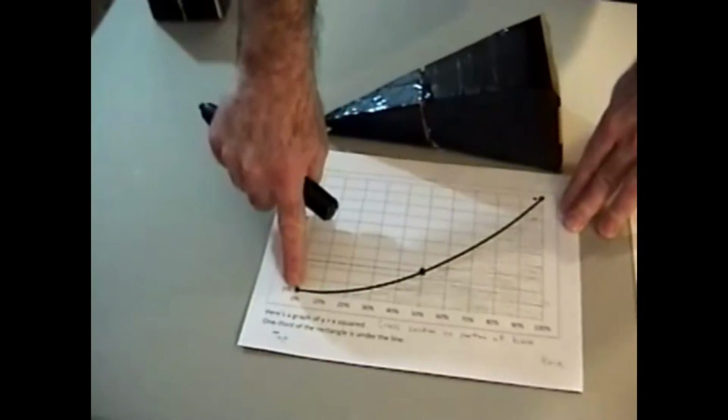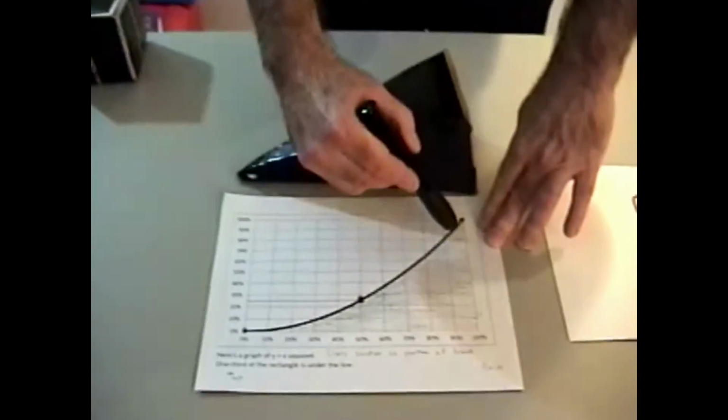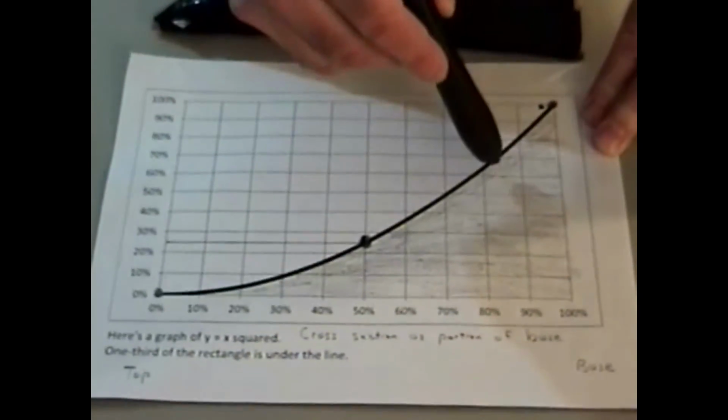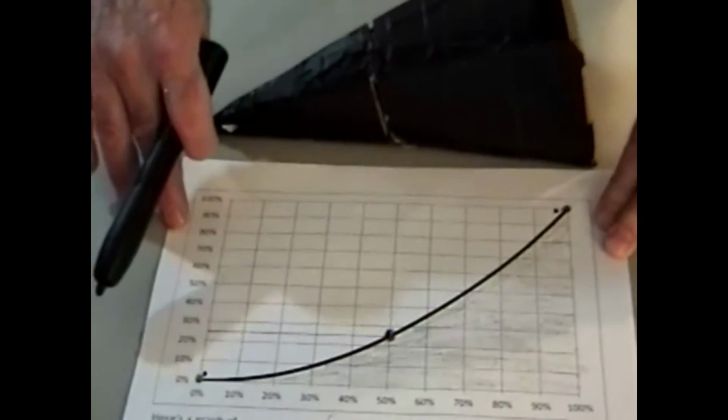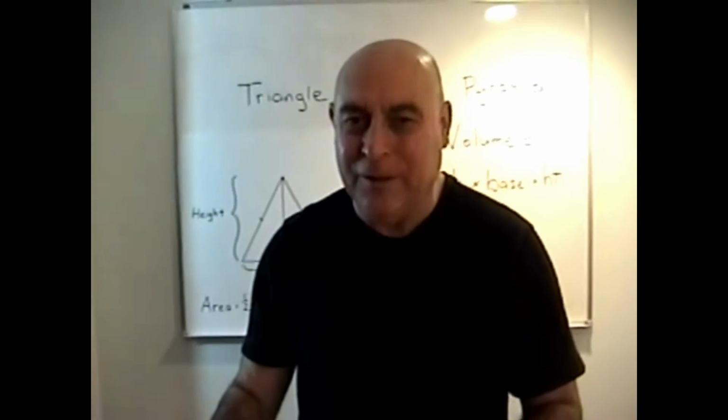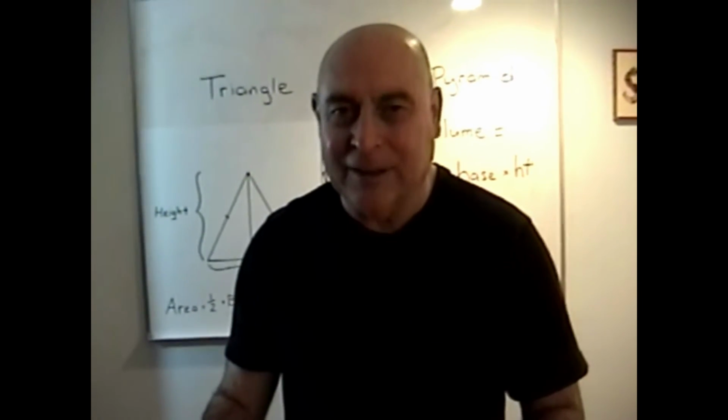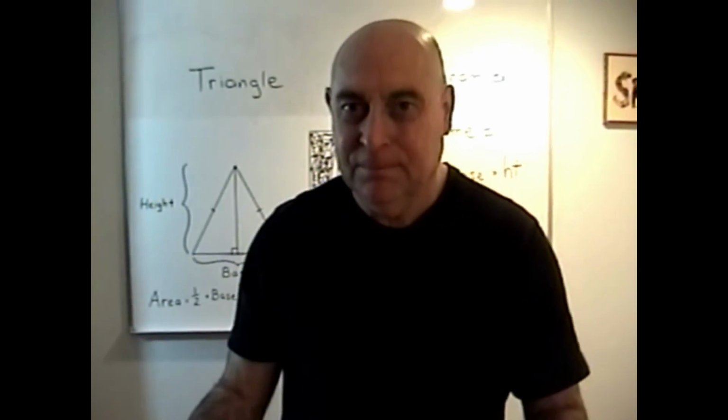And so this point corresponds to 100% of the base, this point corresponds to 25% of the base, and this point corresponds to 0% of the base. And it happens that the area under the curve here is precisely 1/3 the overall area of the rectangle shown in the graph. I'm just hoping that'll give you a sense of where this 1/3 multiplier in the volume formula came from.